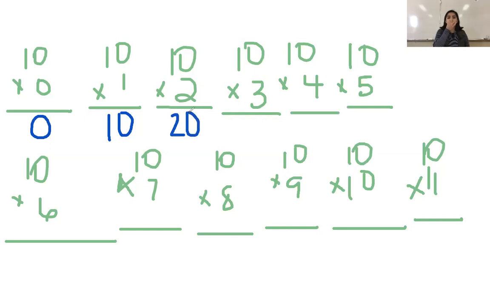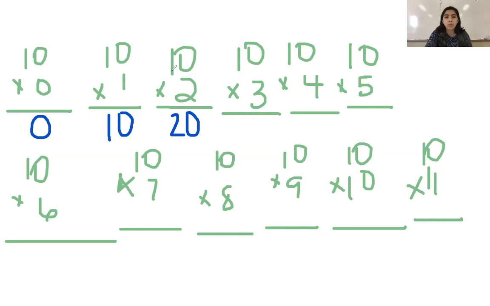So this is what we do. Anytime you multiply by 0, it equals 0. Anytime you multiply something by 1, it always gives you the number you're multiplying by.